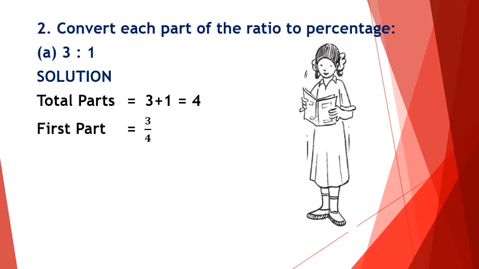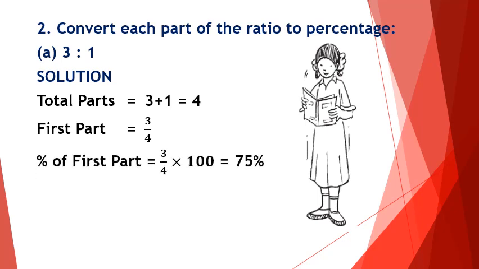First part equal to 3 upon 4. What is the percentage of first part? How to find the percentage? Yes, multiplying by 100. So percentage of first part equal to 3 upon 4 into 100. 4 and 100 can be cancelled. Denominator become 1, numerator become 25. So 3 into 25 equal to 75%.